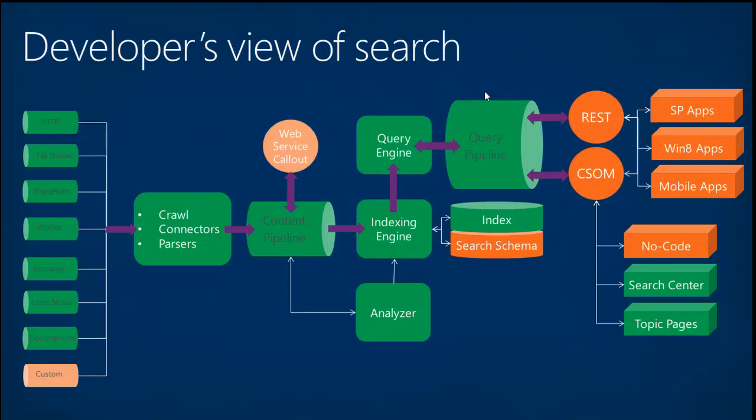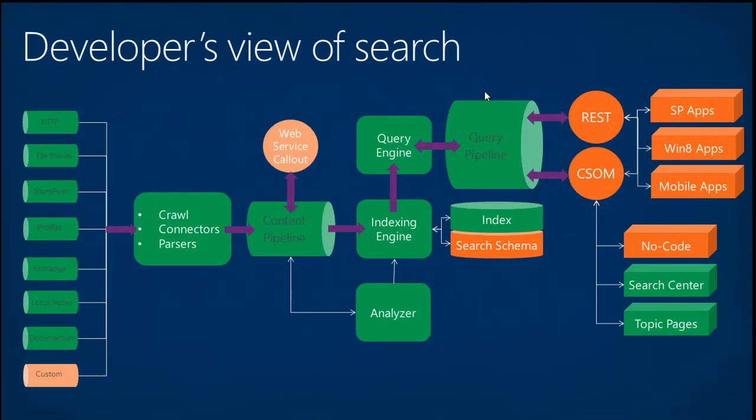Then what happens across the top, of course, is we actually want to query against that index. So we have the query engine and the query pipeline. The big extensibility points for us are those giant REST and CSOM bubbles right there, which is really where everything we do is going to go into the search engine and set up our apps.